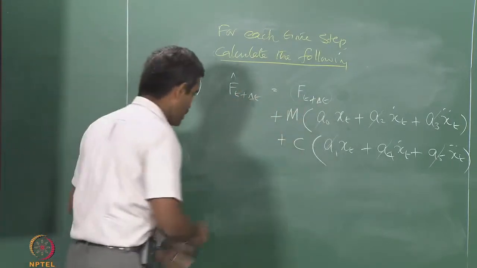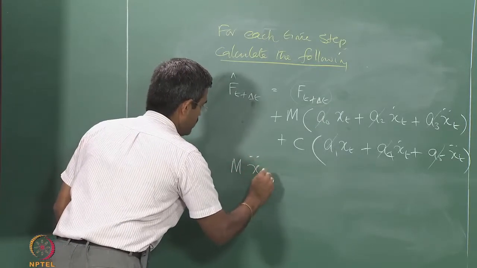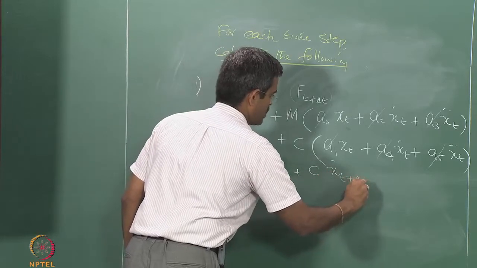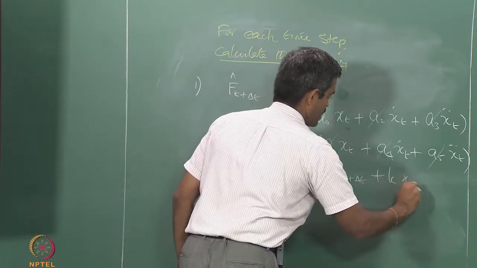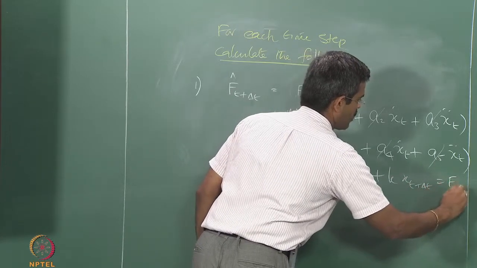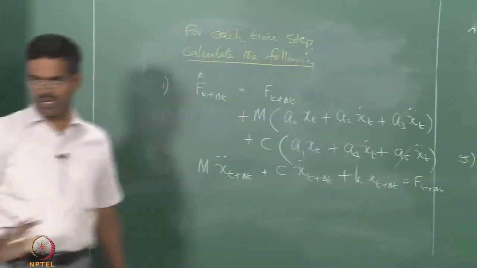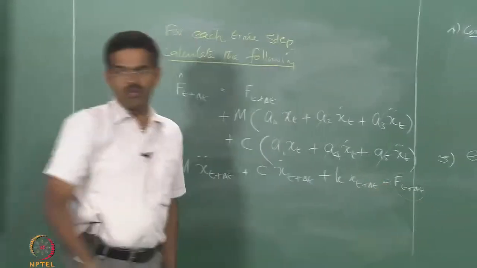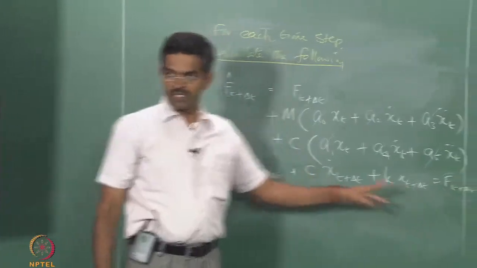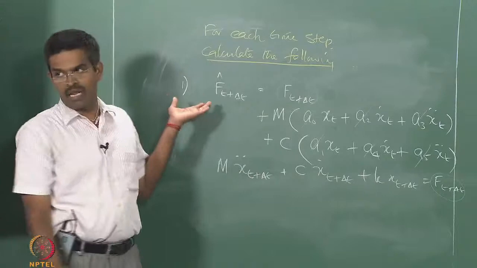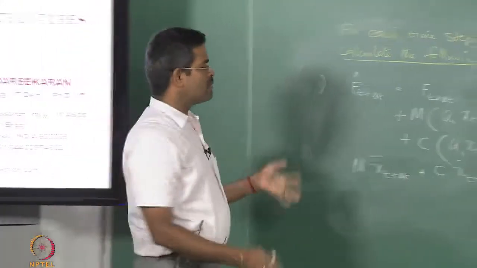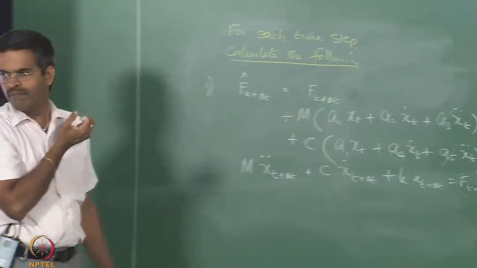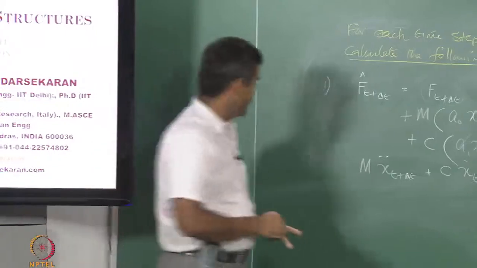So, to get this it is very easy, m x double dot t plus delta t plus c x dot t plus delta t plus k x t plus delta t is actually equal to f of t plus delta t hypothetically. But I cannot get this value because I do not know x of t plus delta t, x dot and x double dot, because I am actually calculating them. To start with, I will always say this value will be equal to the force at the previous time. So, that is the first one.